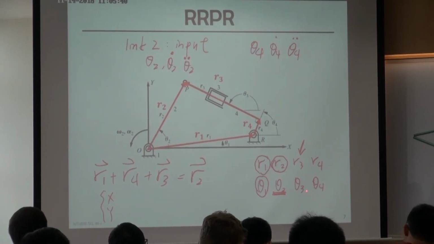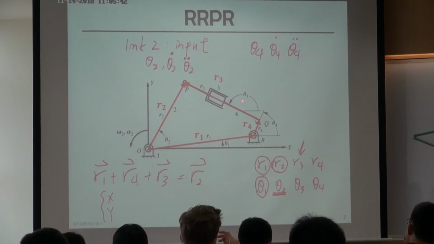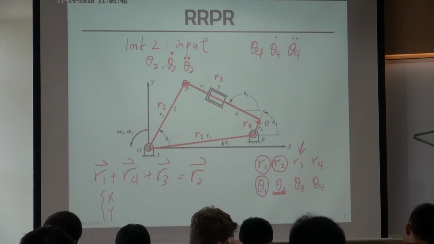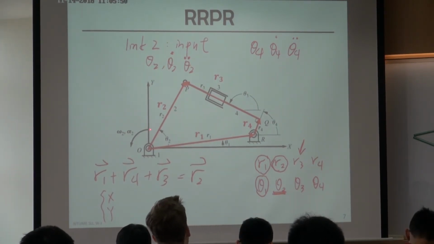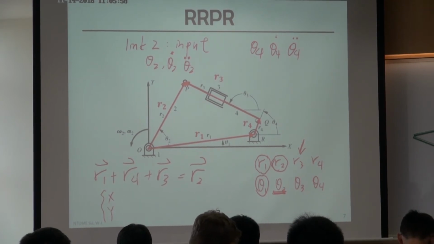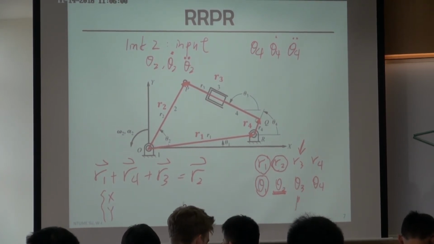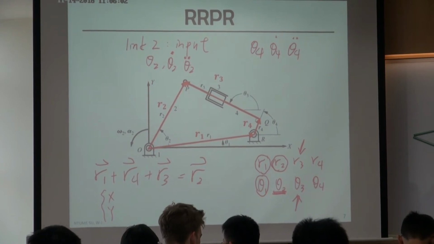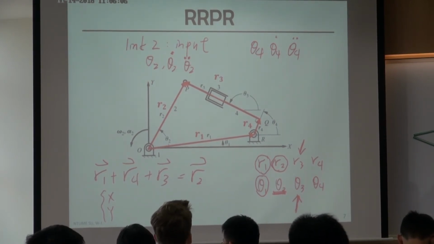How about theta 3? The angle of theta 3 is also going to change. So theta 3 is also an unknown. If you rotate this link, this R3 should change. It should also be rotating. And right now we have no idea what's the value of R3 or the value of theta 3.